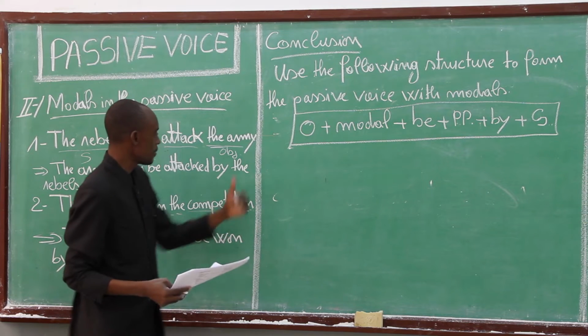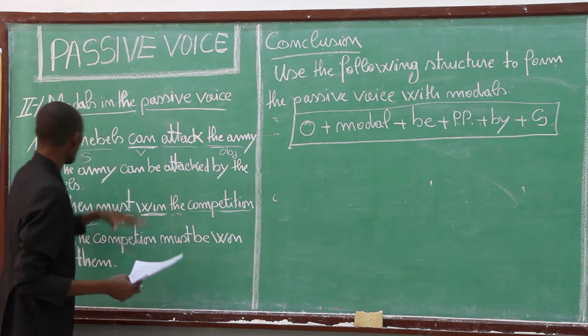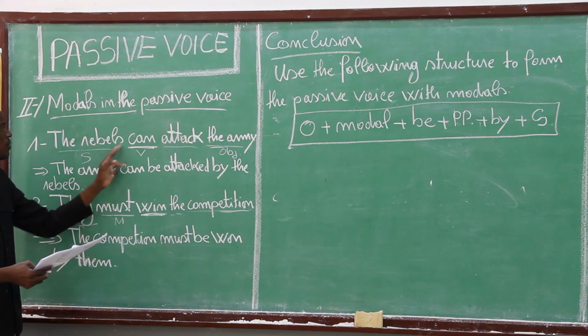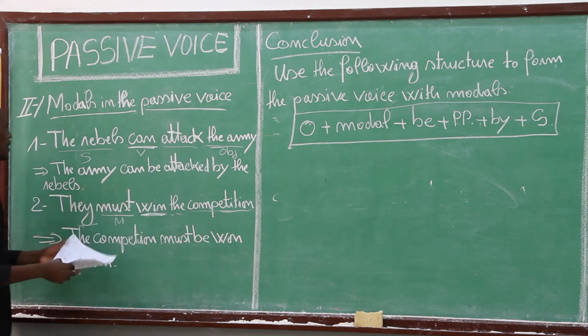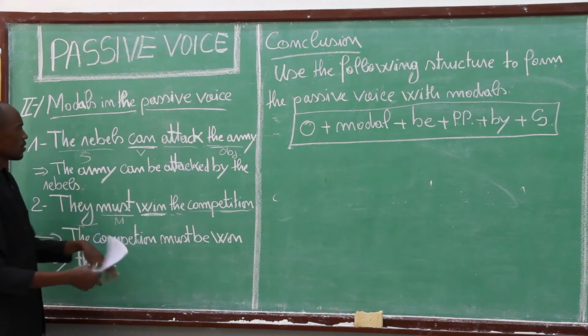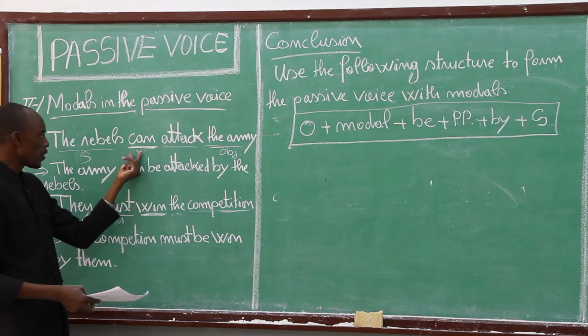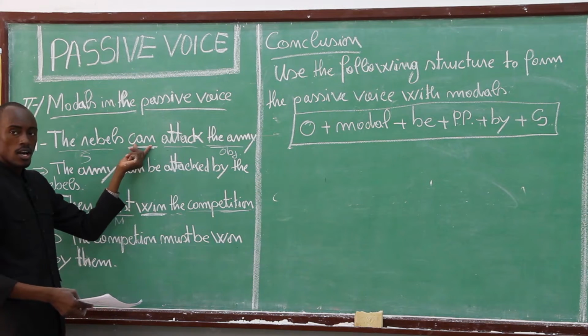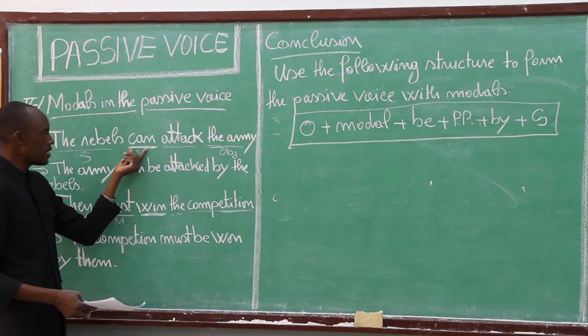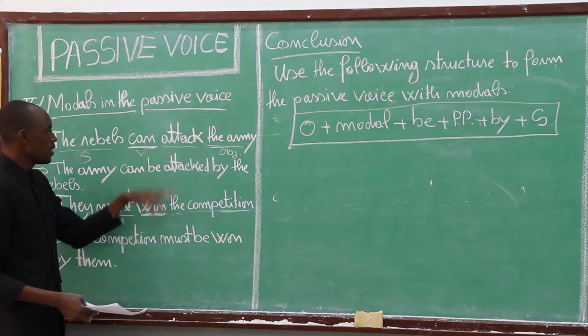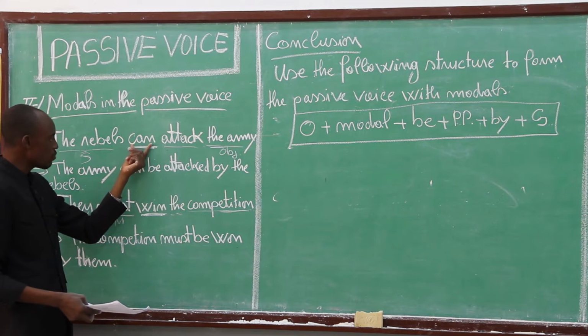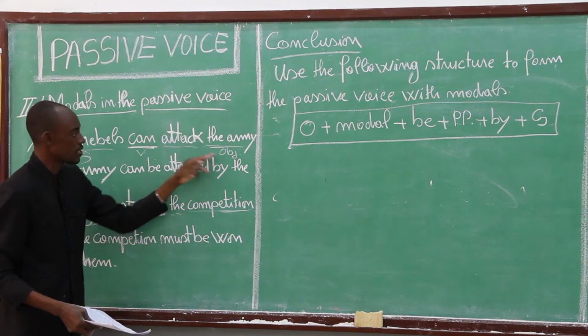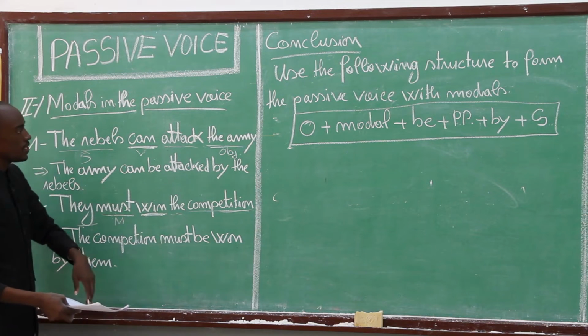Now let's come back here. We have in this sentence, the rebels can attack the army. Here we have the subject and the first verb. This verb can is a modal verb, not a main verb. And after can, we have another verb in the infinitive, and at the end the object.